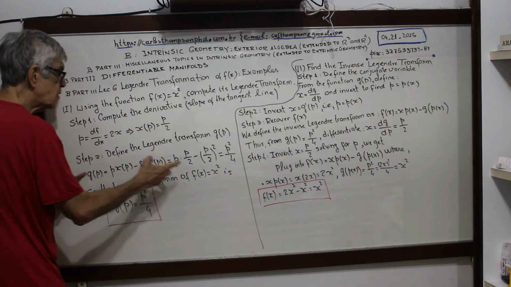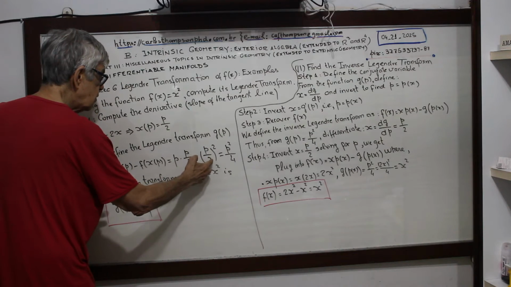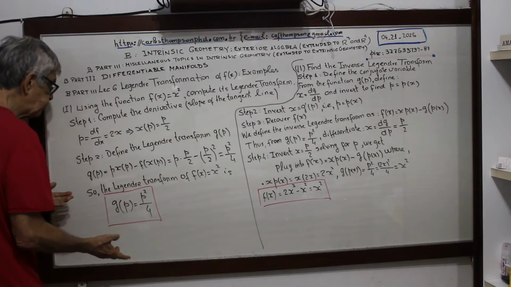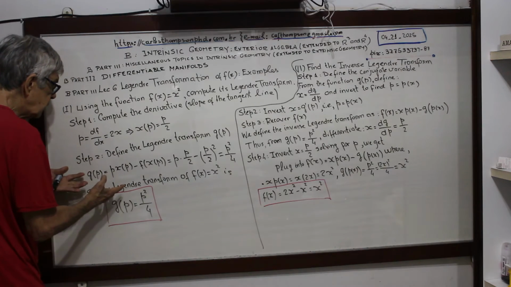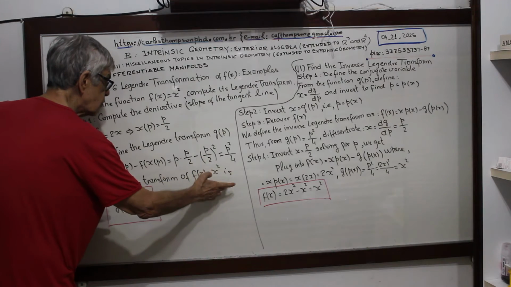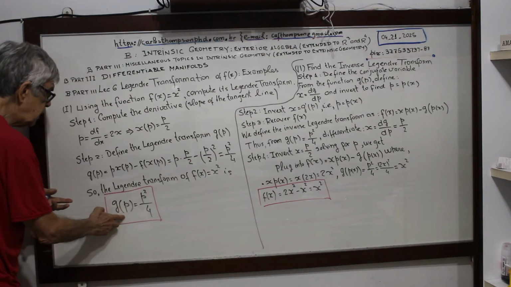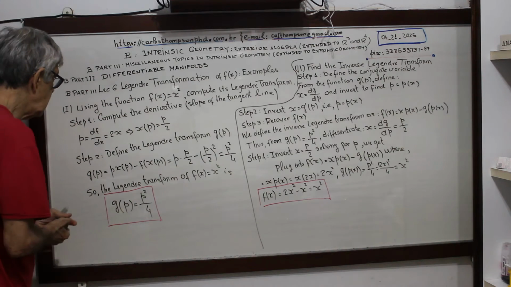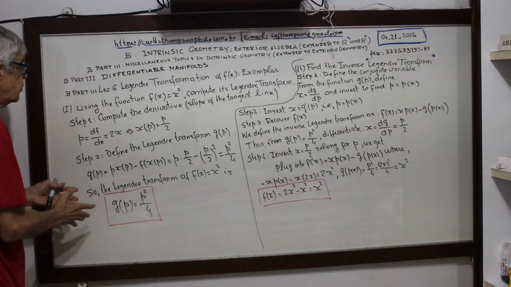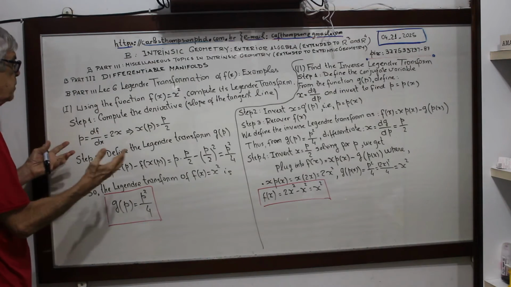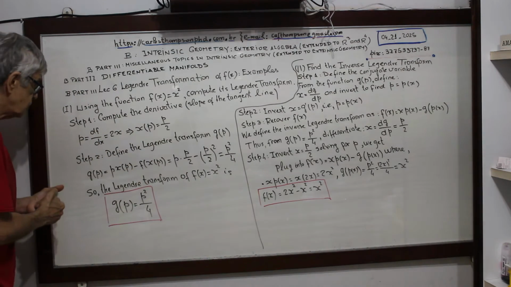You see, that's p divided by 2 squared, so it's p squared divided by 4. Then the Legendre transformation of f of x equal to x squared is g of p equal to p squared divided by 4. So they just follow this lecture 5a and b, and this is the application.